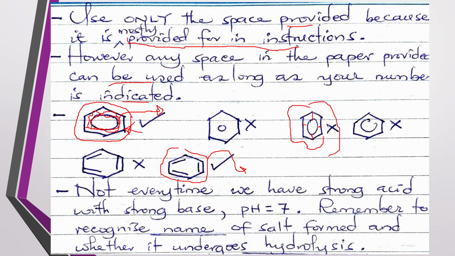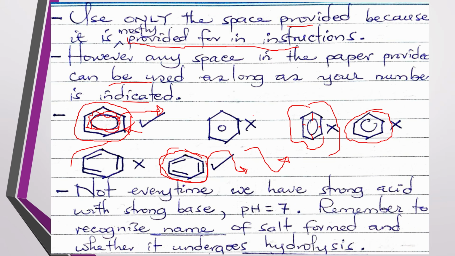But also, if you're writing this structure, make sure that no bond is touching or crossing out of this hexagonal shape. So avoid that. Also on this one, make sure that the circle is a circle. Do not draw a C inside and then call it benzene. You're going to be provided with enough time, don't be in a rush.